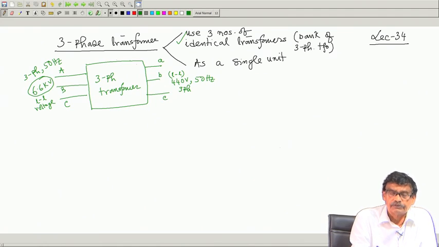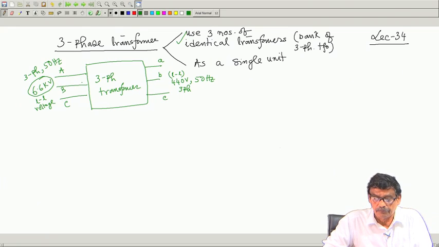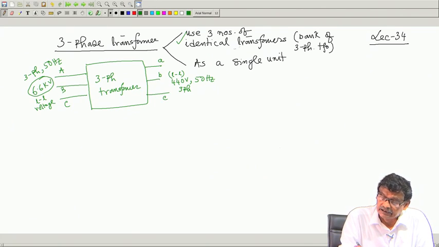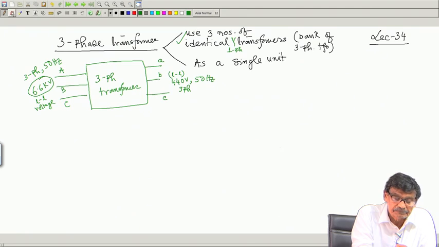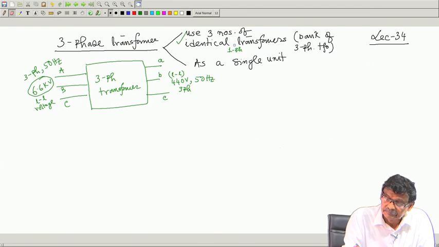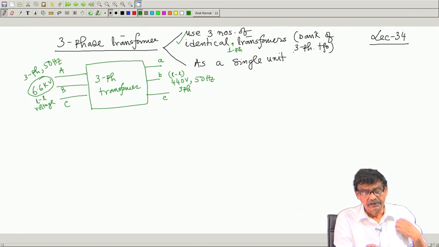So, this box will contain a 3 phase transformer, which may use 3 numbers of identical single phase transformers, or a 3 phase transformer as a single unit.